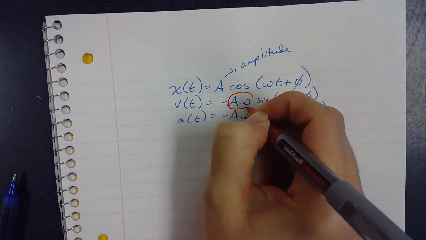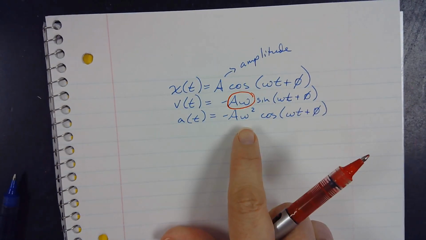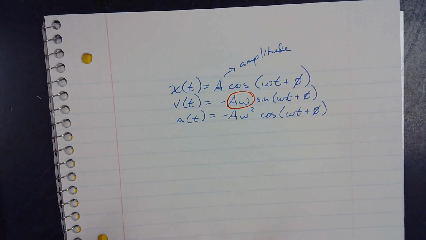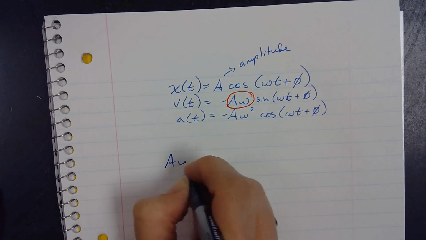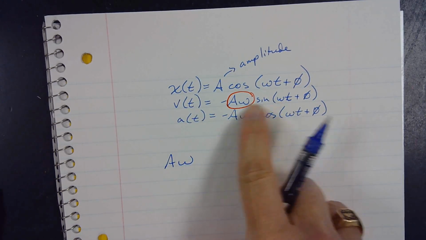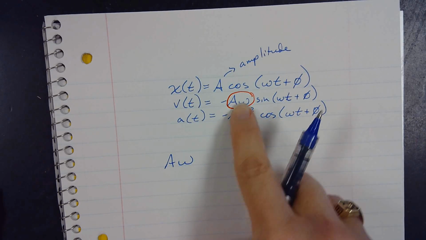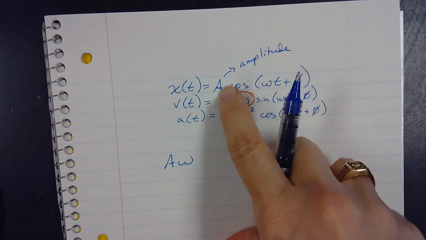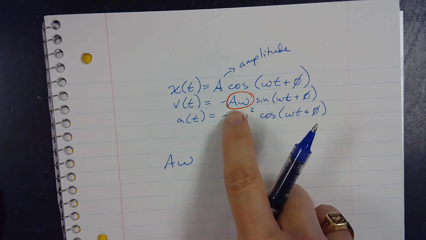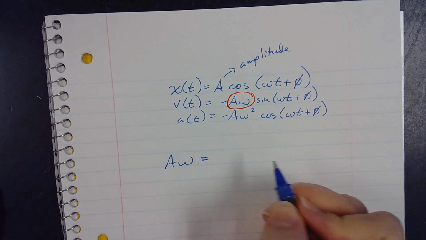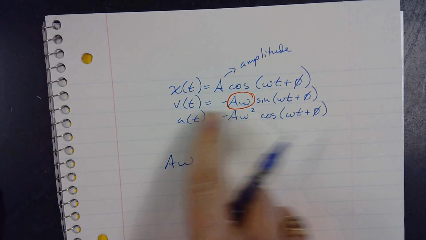The negative sign is telling you opposite direction. What is A omega going to be equal to? Notice it's in the velocity function and it's out front. So what's the equivalent if this is maximum position? What is this coefficient? No, because now we're in a velocity function.